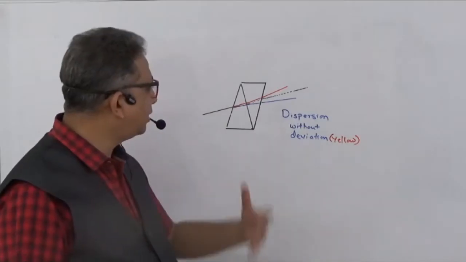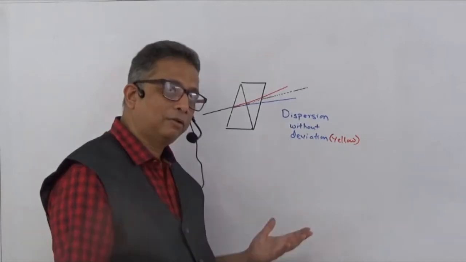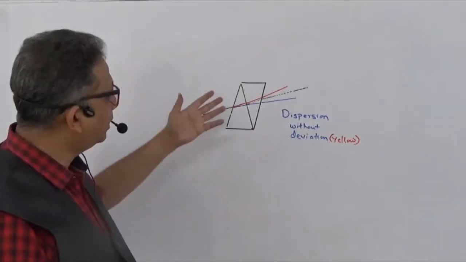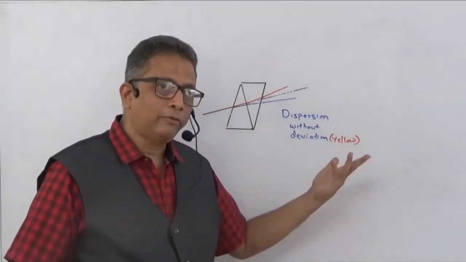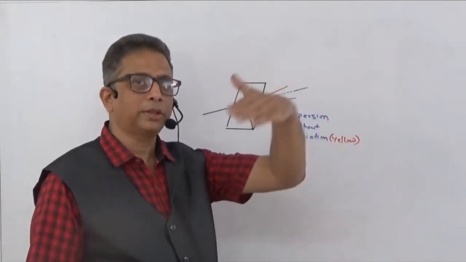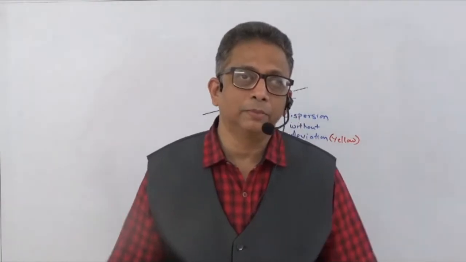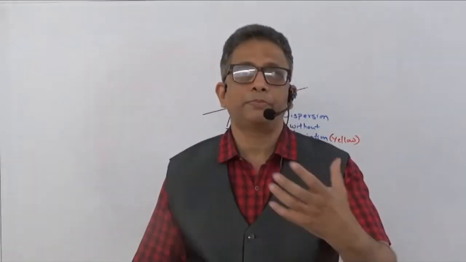Now you will keep wondering why we do all these things. What is the application of these arrangements, trying to get dispersion and no deviation? What have we achieved? A prism was also giving me dispersion, but it was getting deviated. Well, as I told you in my first lecture on prisms, prisms are used in a spectrometer.